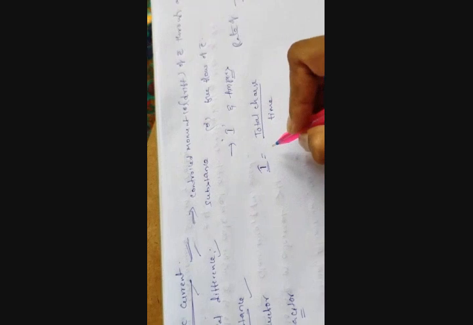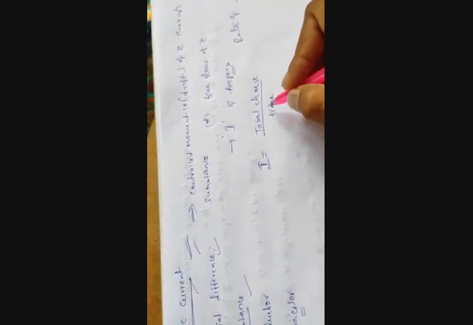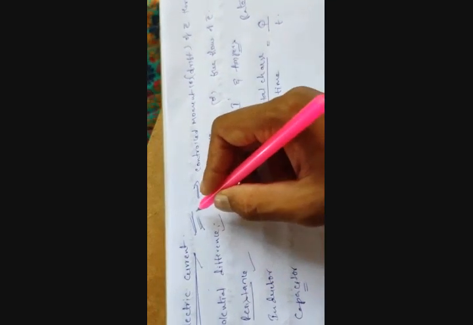So the definition of electric current is simply the rate of change of total charge. Charge is denoted by the letter Q and time by T. This is about electric current.